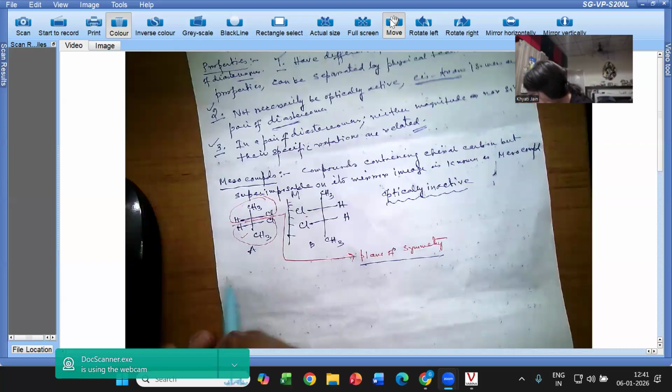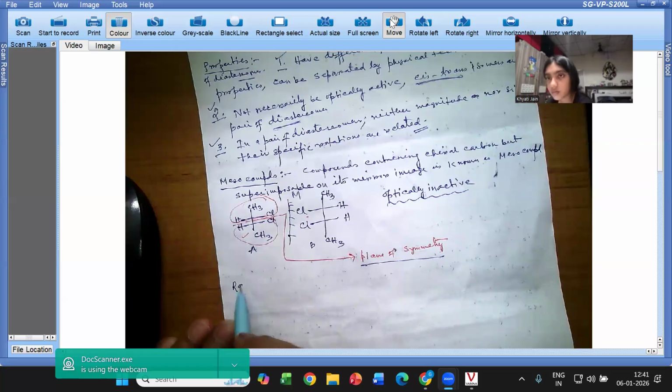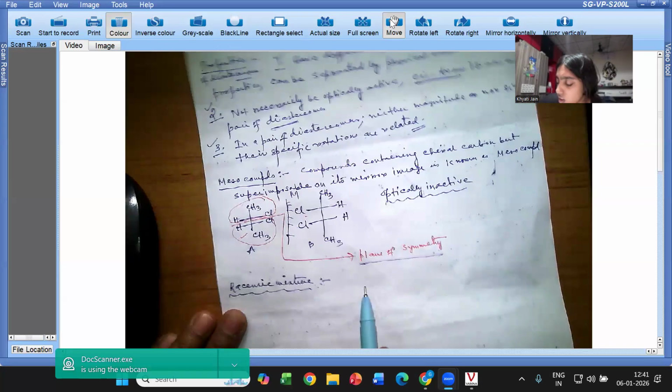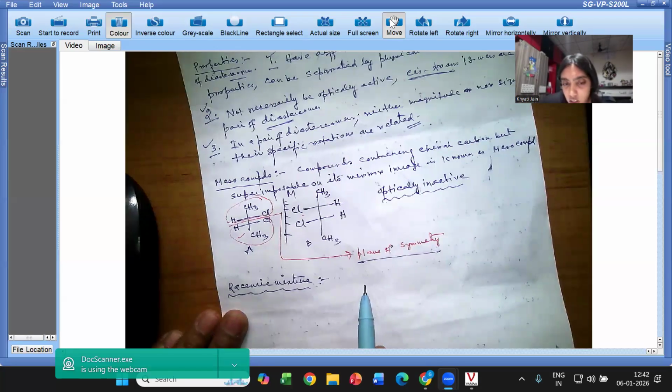Next one is the racemic mixture. This is important. What is a racemic mixture?